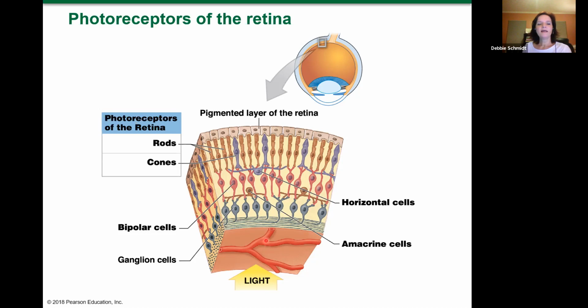Then we're going to pass through several layers of neural cells before we get to the receptor cells here, the rods and the cones. You can see the rods are cylindrical shaped and the cones taper off, and that's how they got their name. Then there is a pigmented layer of the retina behind them. So light actually has to go through all these other cells before it even hits the photoreceptor cells at all.